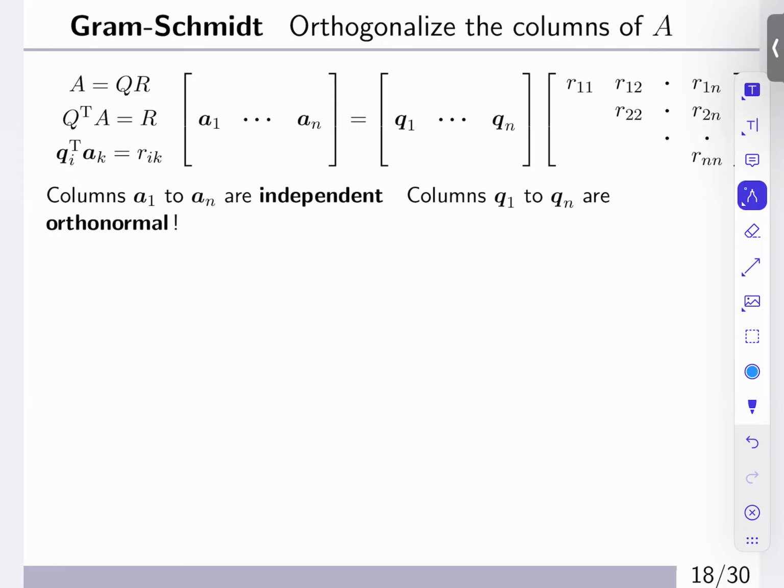But what I want you to understand is that A represented as Q times R gives you a basis Q multiplied by a matrix R. Q is orthonormal and R is an upper triangular matrix.